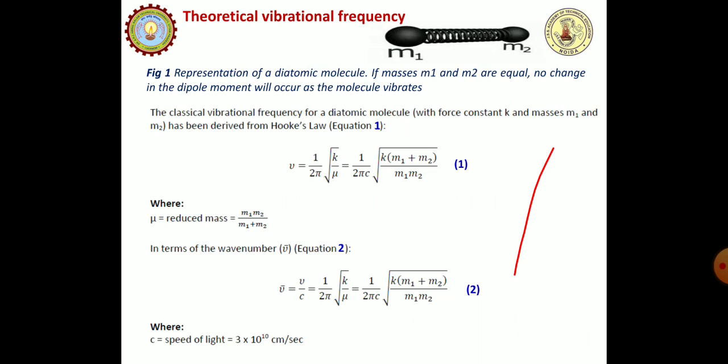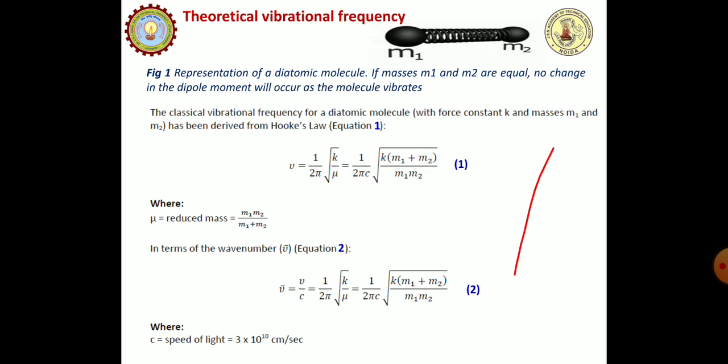K is the force constant, which represents the strength of the bond. The second mu is the reduced mass, where the reduced mass mu is equal to m1 into m2 divided by m1 plus m2.